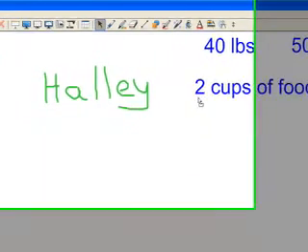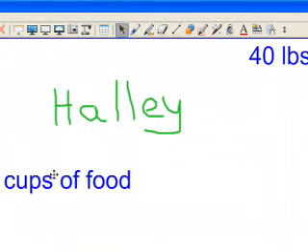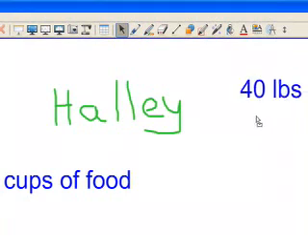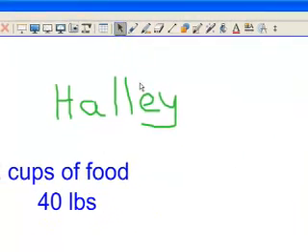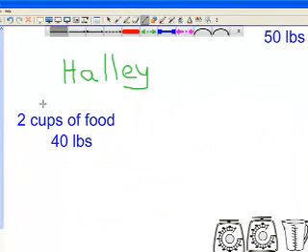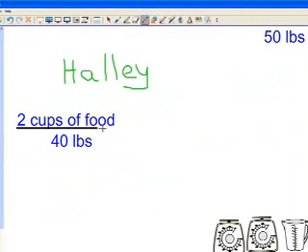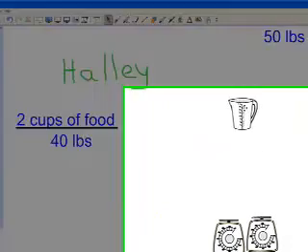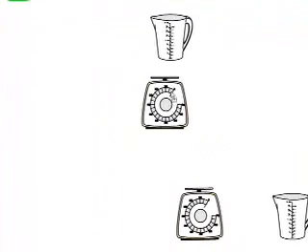What I want to do is I'm going to create a ratio, 2 cups of food for every 40 pounds. Because I want to keep my cups of food over my pounds.